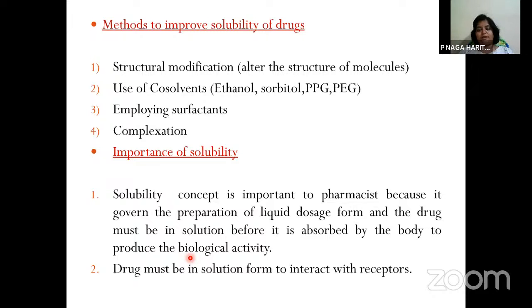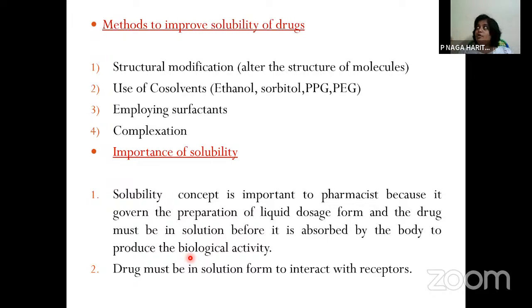The first one is while preparing the liquid preparations, like whenever you are preparing the liquid preparations, at what concentration the solid is going to be dissolved in the solvent you are going to see, and also when you have prepared the solid dosage form, at what temperature or at what pH the drug is undergoing dissolution, because you know that inside the body, the drug will be absorbed only in the solution form. It is not going to get absorbed in the solid form.